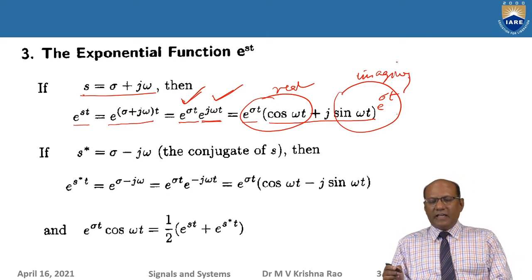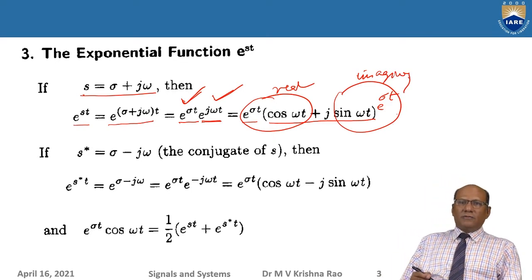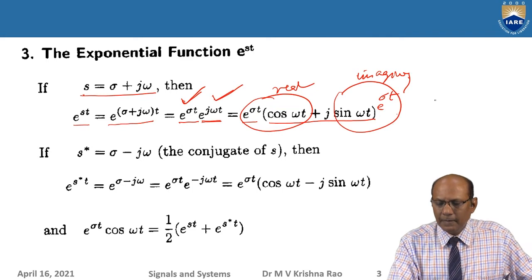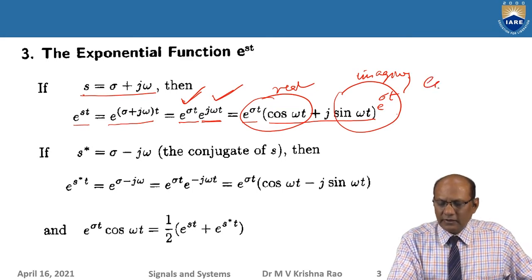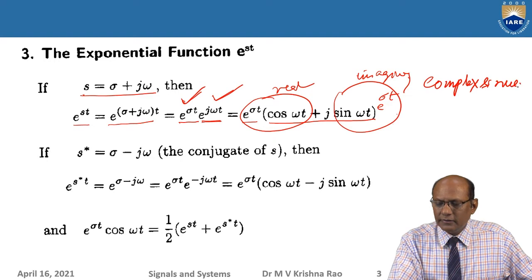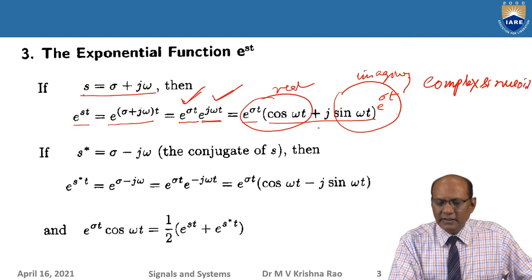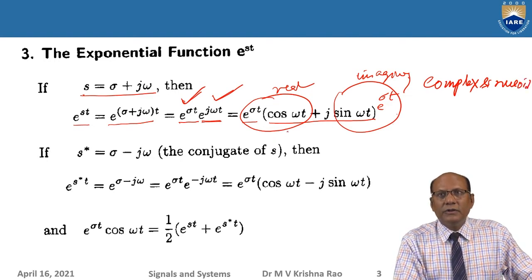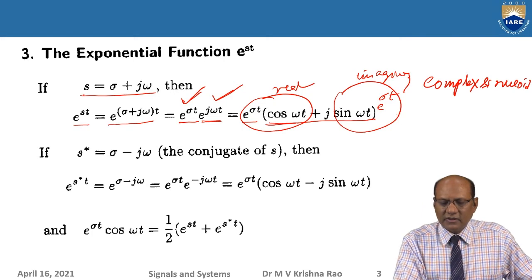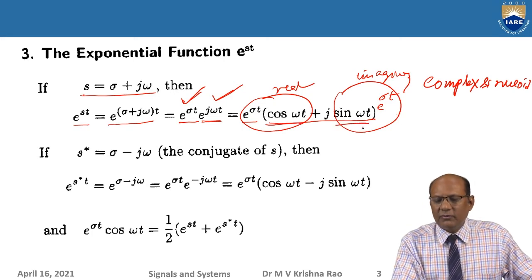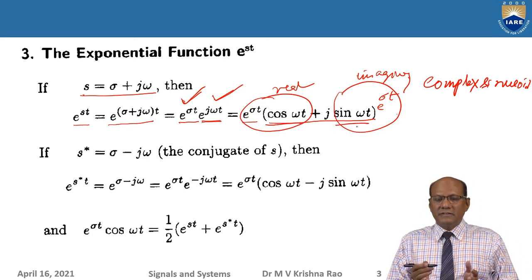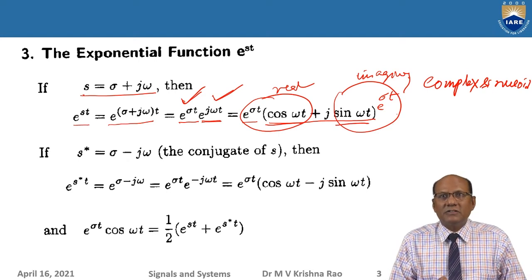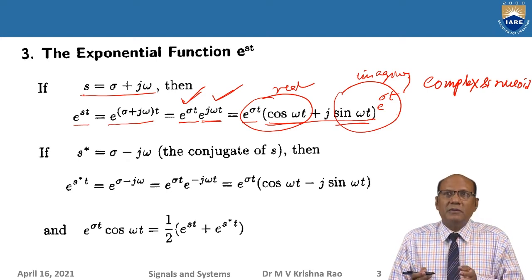So basically I can call this function, e to the power of st, a complex sinusoid, because it consists of two trigonometric sinusoids, cos omega t and sin omega t, both together. Cos forms the real part and sin forms the imaginary part.